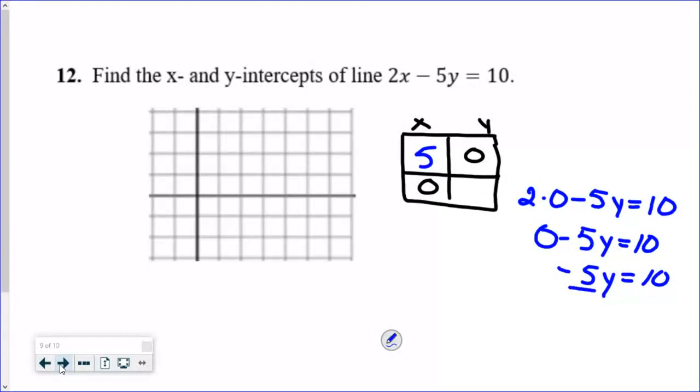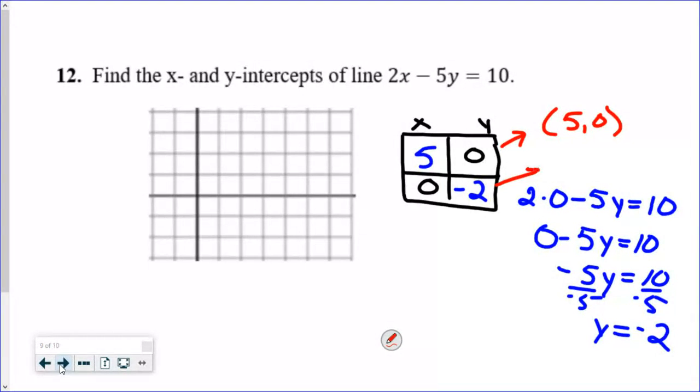Divide both sides by negative 5, and Y equals negative 2. So what does that mean? This is the ordered pair 5, 0. This is the ordered pair 0, negative 2. Those are my two intercepts. So one is 5, 0, and one is 0, negative 2.